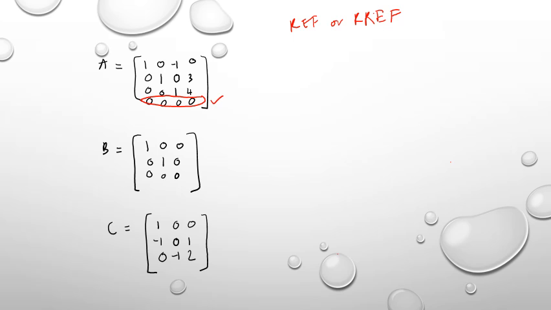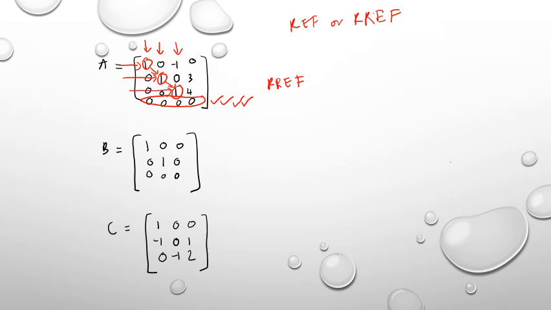And then looking from the left, we see the number 1 first, and then 1 first, 1 first. Okay, second property satisfied. And for each leading 1, we check that it appears to the right of the previous one. So it's correct. For each column, is there any non-zero number except 1? No. So it's correct. So this is RREF.